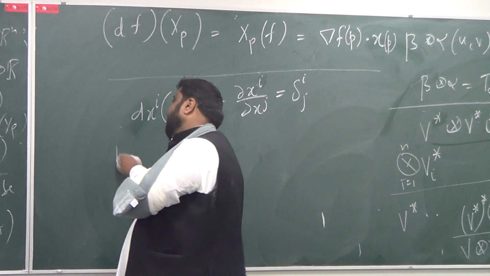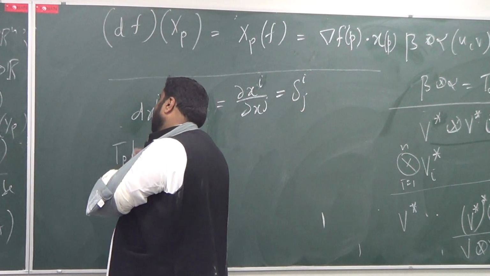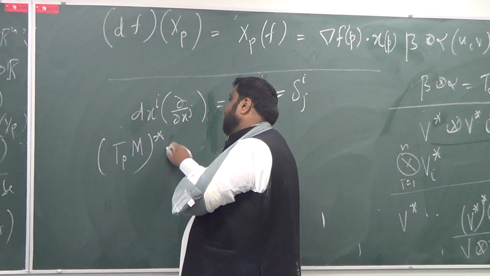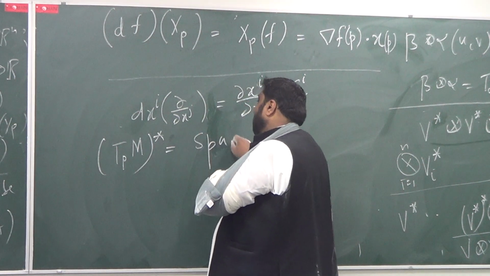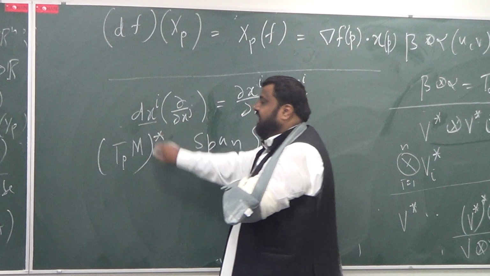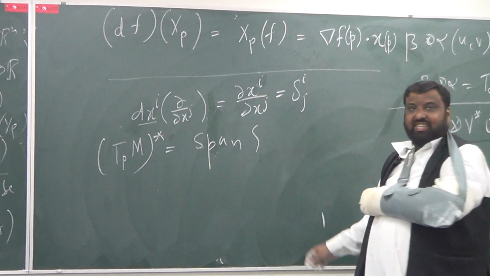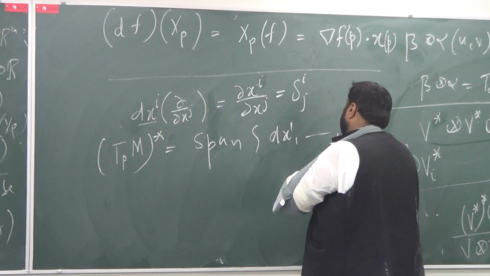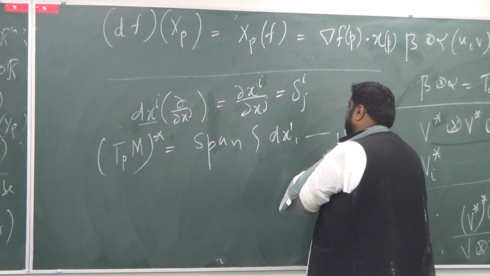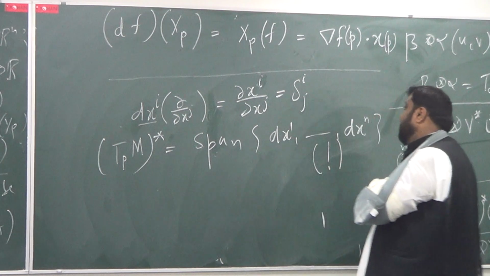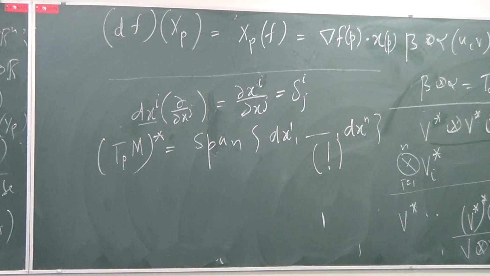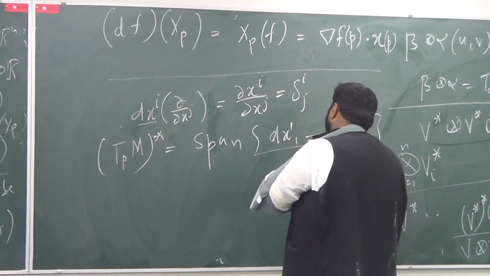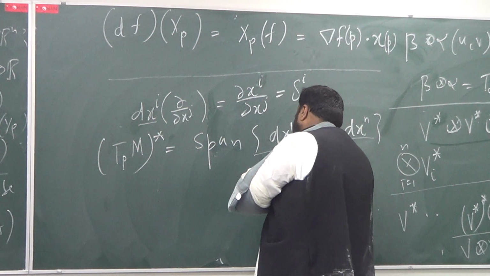What do you think would be the basis for the cotangent space? It must be spanned by these particular one-forms, these differentials: dx1 up to dxn. Verify this claim that this is indeed a basis. And it's not only a basis, it is a dual basis.